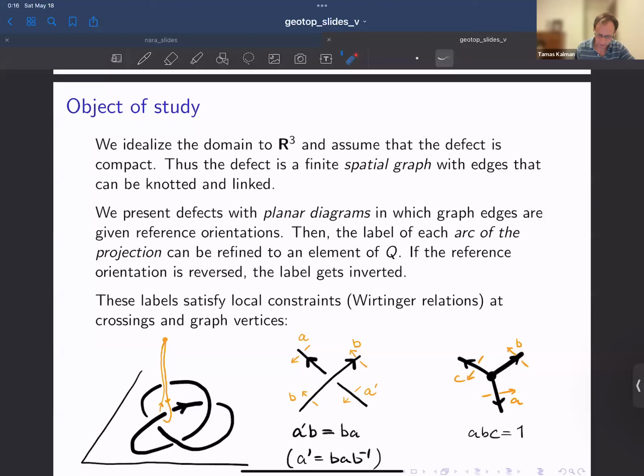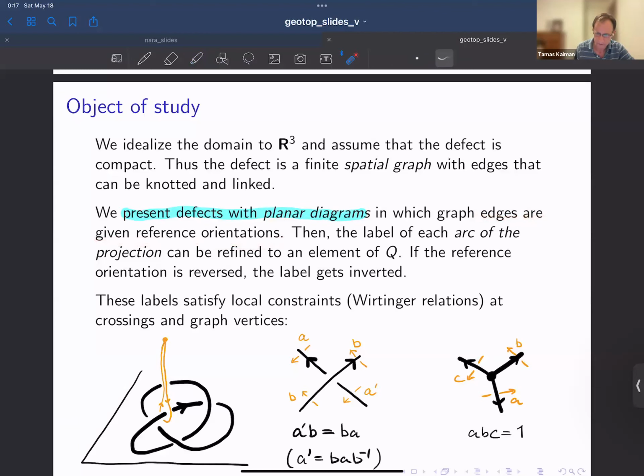To follow what's going on, we will present these defects with planar diagrams, as is somehow always the case in knot theory. You just cannot get rid of these planar diagrams, but they do have advantages, as you will see in this case as well. And also just to keep track of stuff, edges of the graph will be given reference orientations.